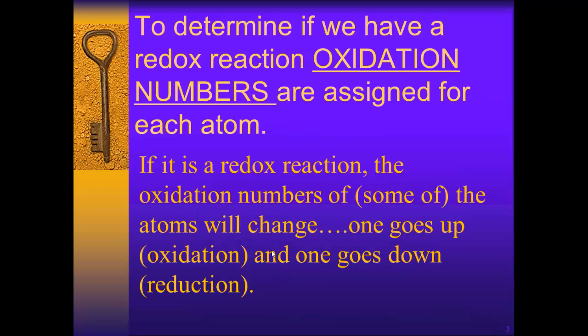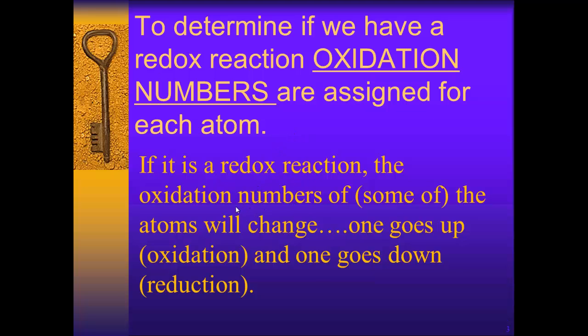The way we do that is we assign oxidation numbers. There are some rules for assigning them because they are a bookkeeping strategy that we use. They don't physically assign electrons, but they allow us to keep track of where the electrons are coming and going.